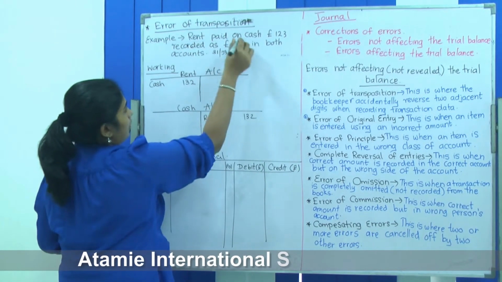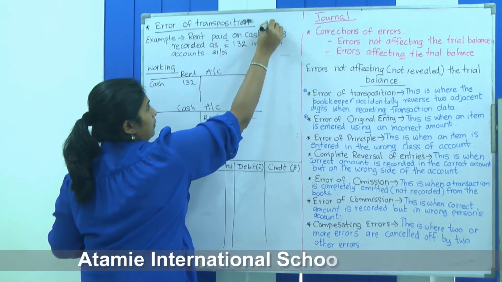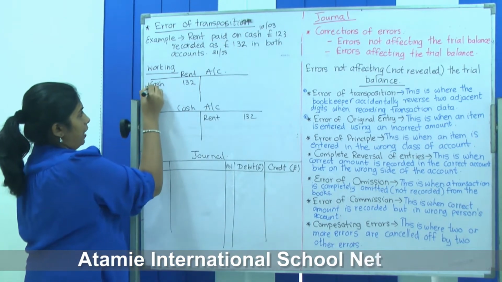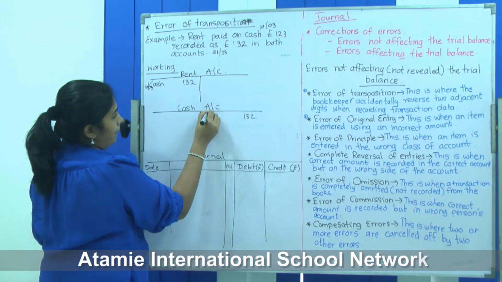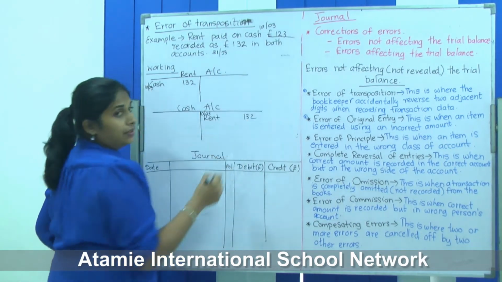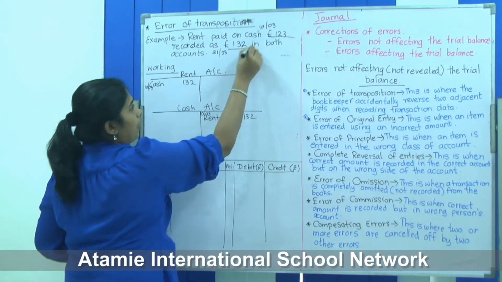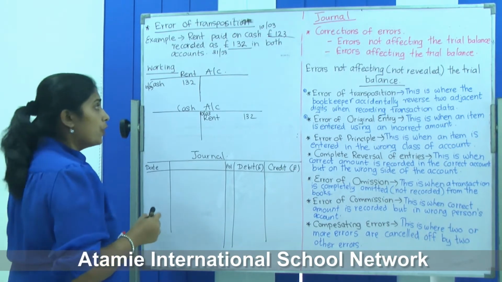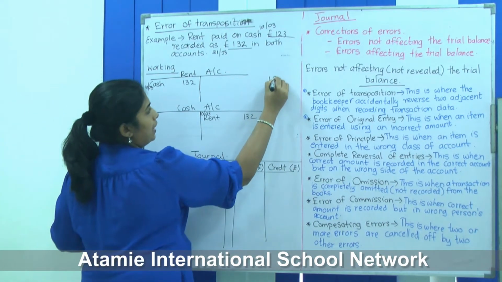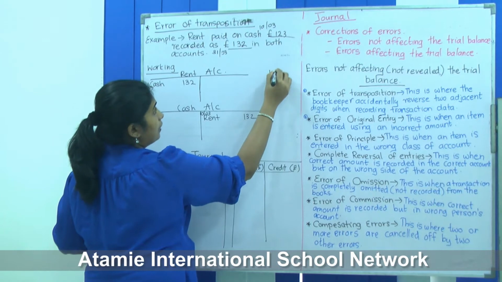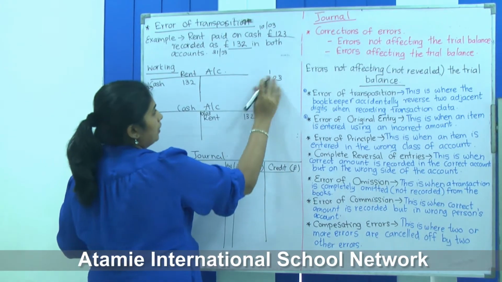We'll assume the rent was paid on 10th of March. They paid only 123 pounds, but recorded 132. So the amount has been increased; they have written a larger number.